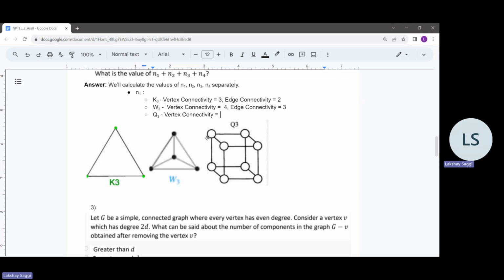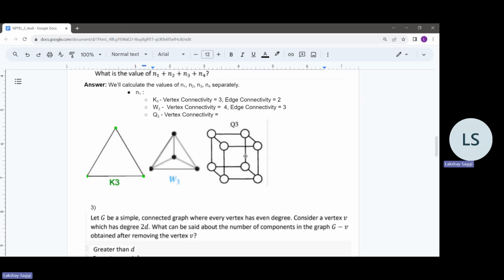So maybe let's just say I take this vertex, the one on which my cursor is present, and delete all its neighboring vertices. So this vertex is deleted, this vertex is deleted, this vertex is deleted, and this vertex is deleted. So these three vertices are deleted.